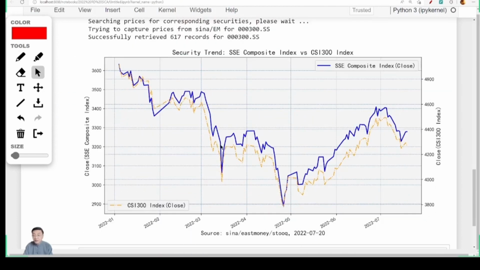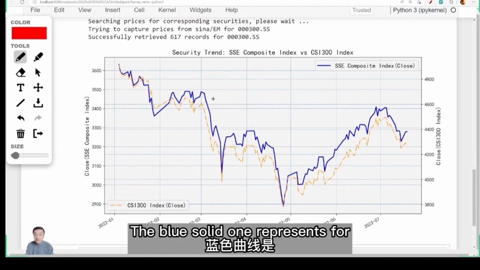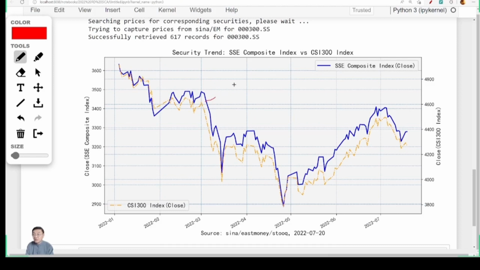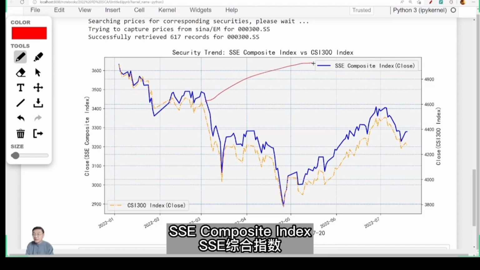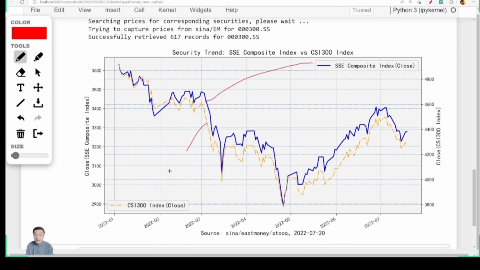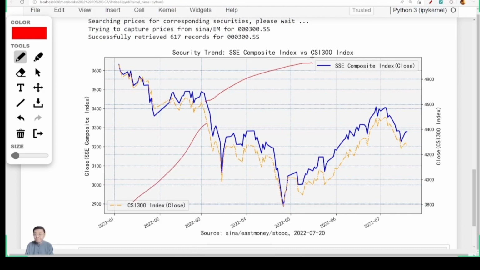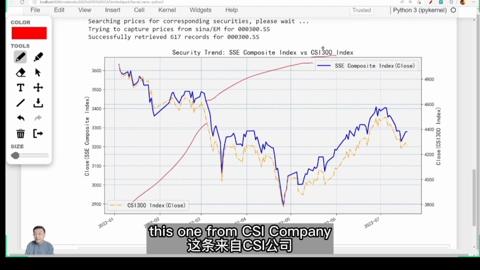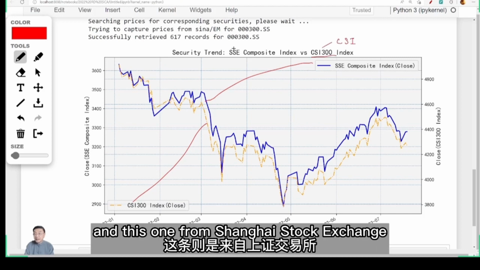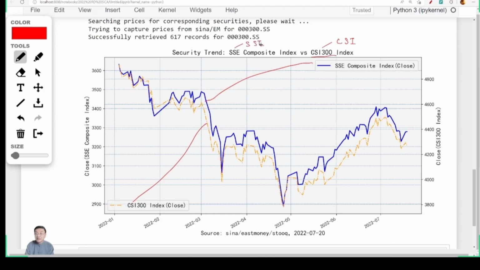Now let's look at the situation in this year. The blue solid line represents the SSE composite index, and the orange dotted one indicates CSI 300. Again, this one is from CSI company, and this one is from Shanghai Stock Exchange.